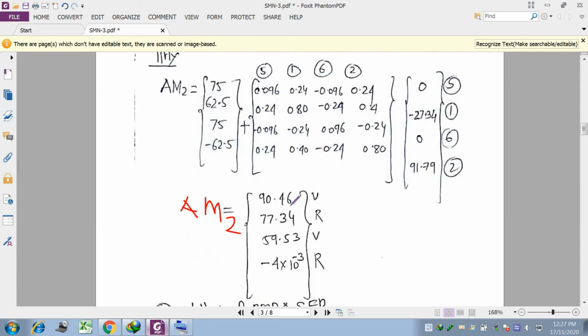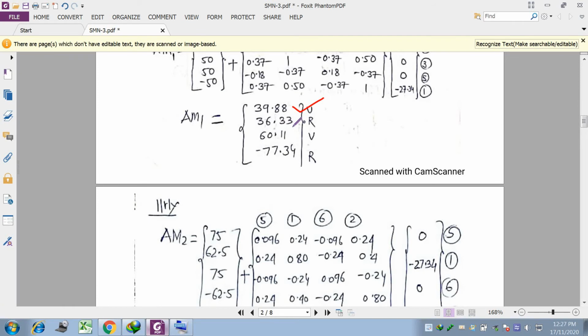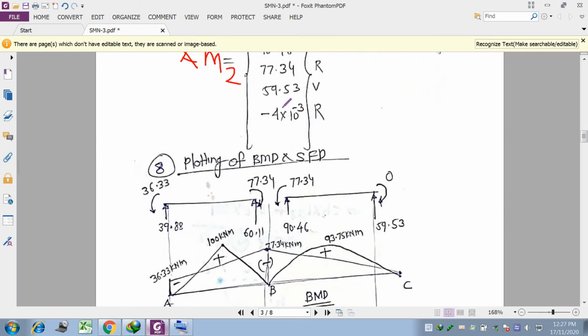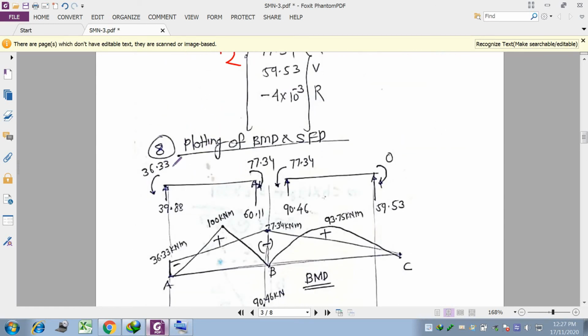Then the second value was 36.33, but we remember that this is in matrix form and it was positive in the matrix. So when we put the value in the original form of our diagram, the free body diagram, you have to give it as anti-clockwise minus. So it will become minus 36.33.